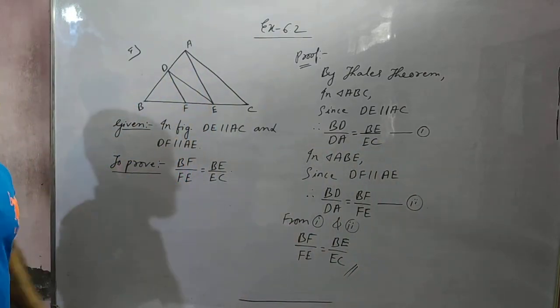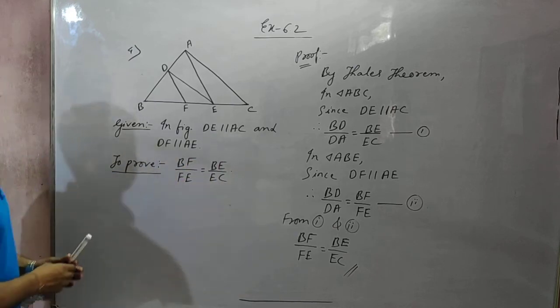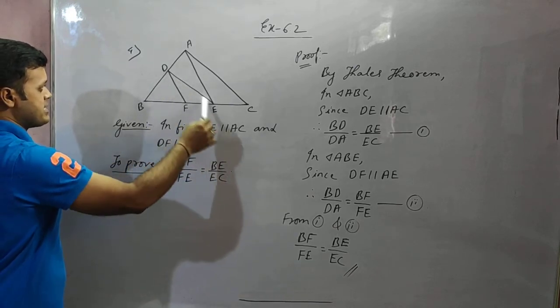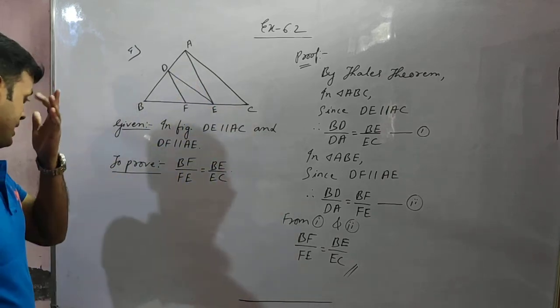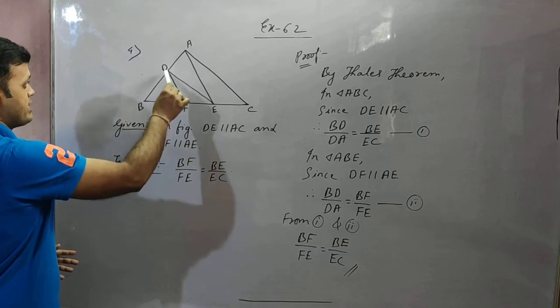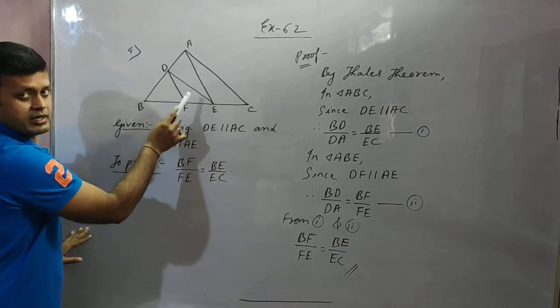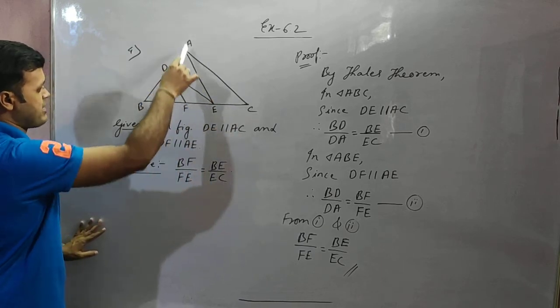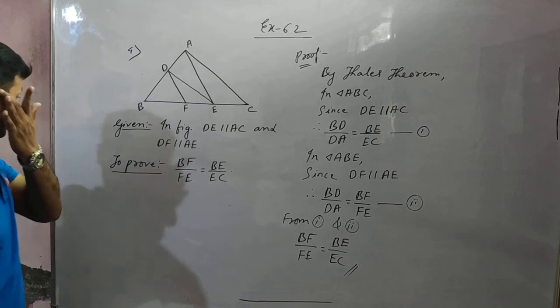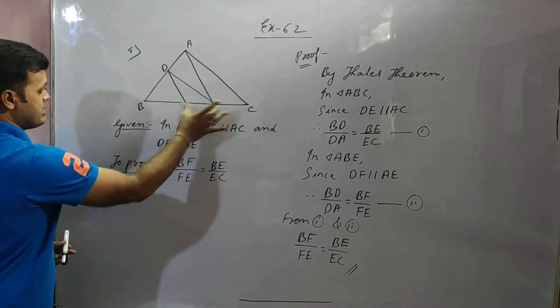In the figure it is given that DE is parallel to AC, and also DF is parallel to AE. We need to prove that BF by FE is equal to BE by EC.